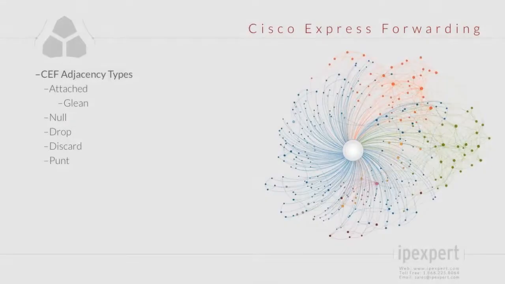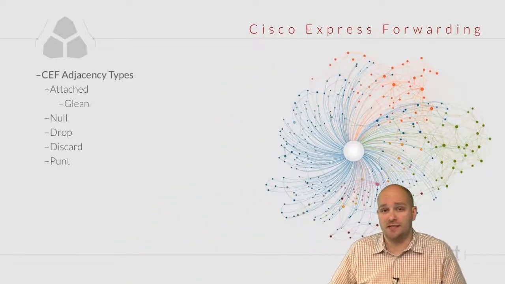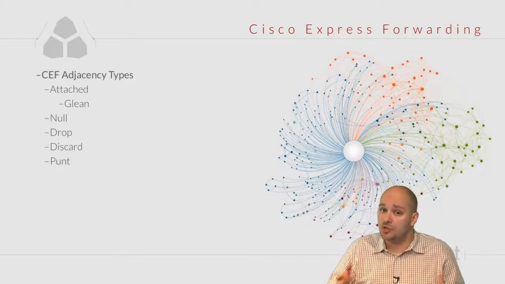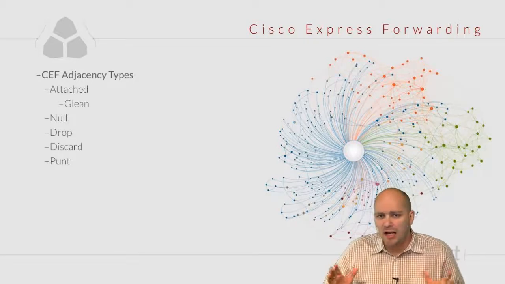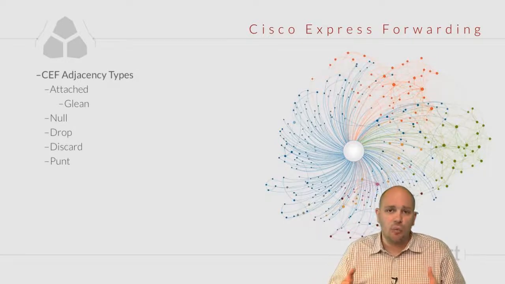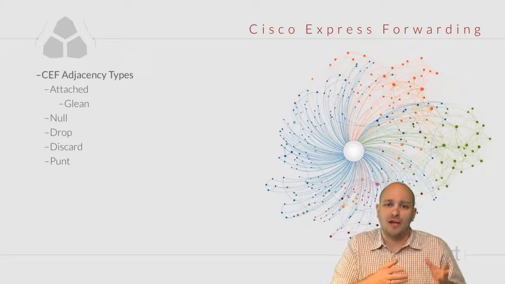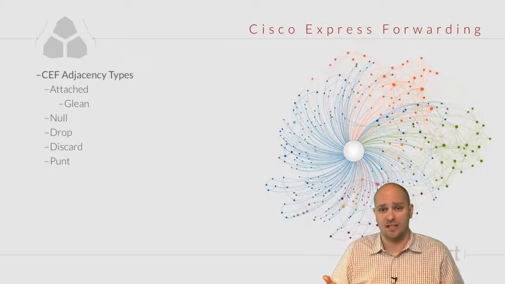The attached adjacency is by far not the only adjacency type that CEF recognizes. Another important type of adjacency that we can observe in CEF is called the glean adjacency. Glean adjacency is, in most cases, an attached adjacency for which we are missing some piece of information. For example, a transient state when we need to send a packet towards a certain destination.